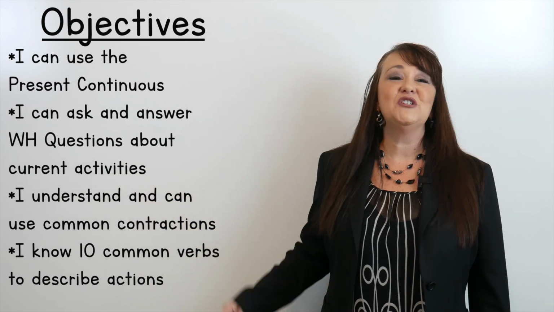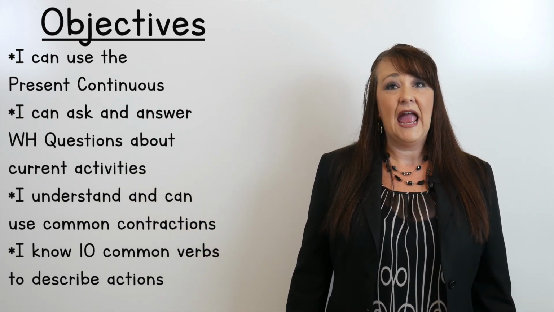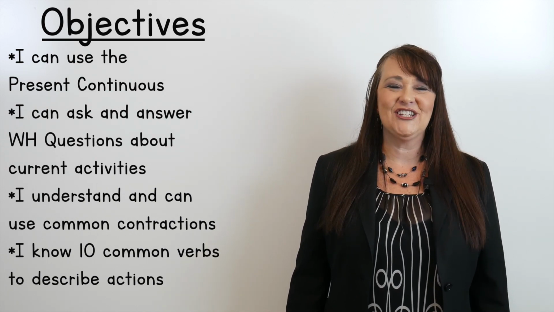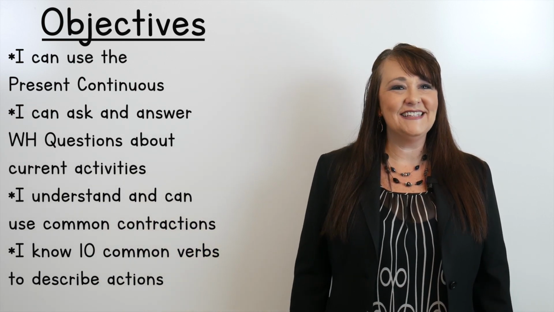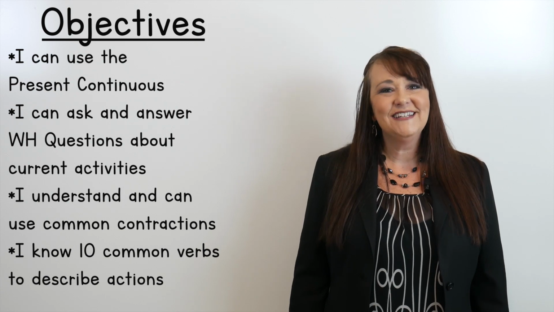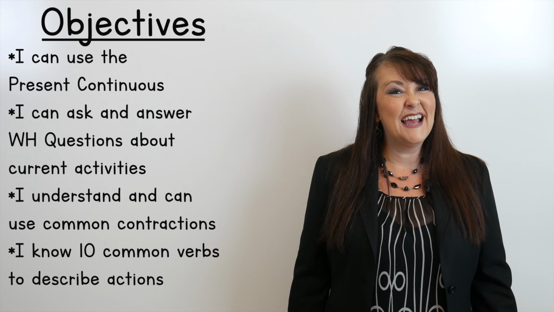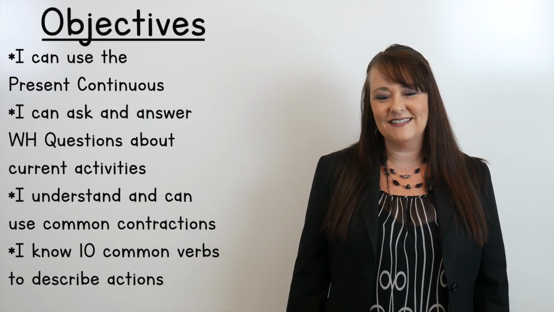The third objective says, I understand and can use common contractions. And then the last objective says, I know 10 common verbs to describe actions. Sounds like a lot to learn, but I know we've got this.